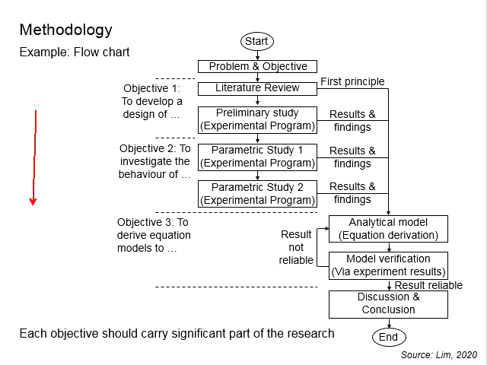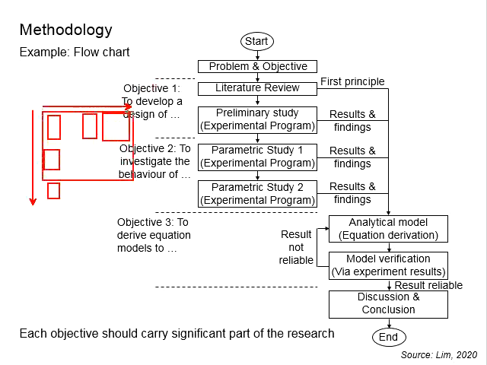Now that you have vertical and horizontal components, in one direction you will have 3 items, and in the other direction you will have 3 items. In total, you might need to construct 9 sets of specimens.